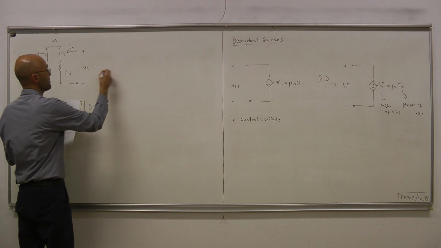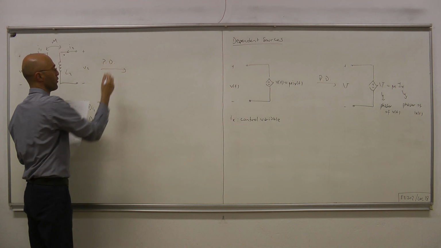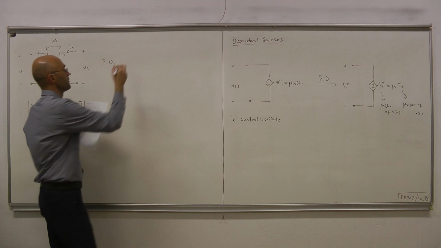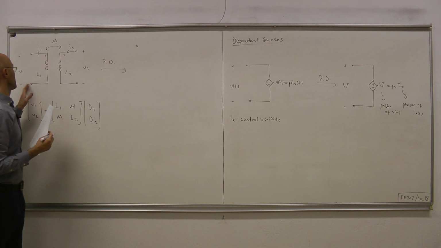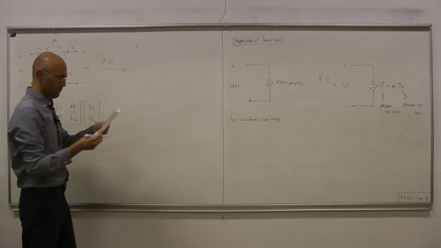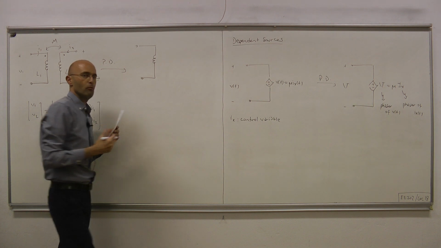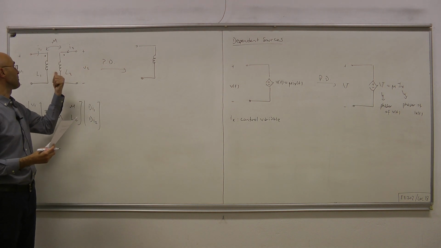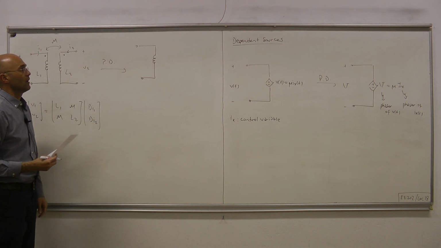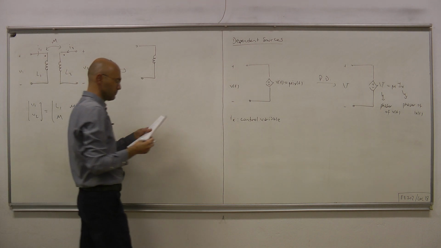And then in phasor domain, or from the phasor point of view, the relations between the voltages and currents become the following. And the derivation is almost the same as the derivation for a single uncoupled inductor.